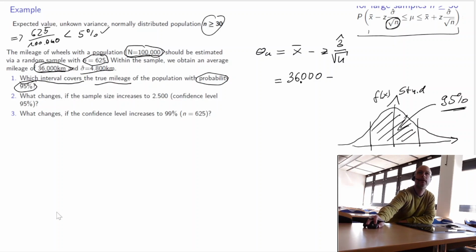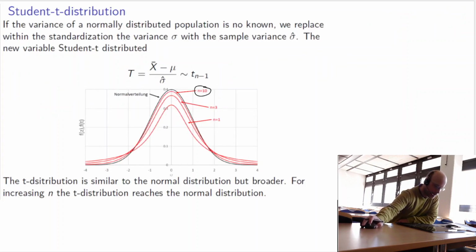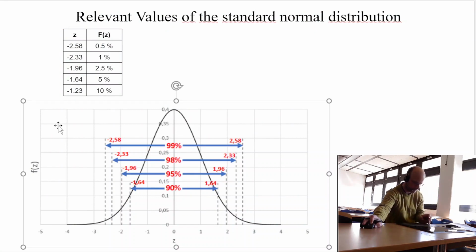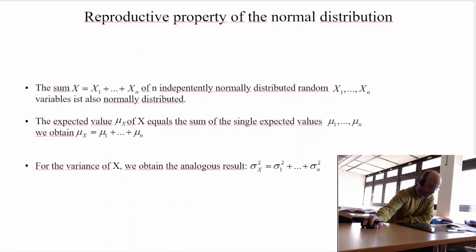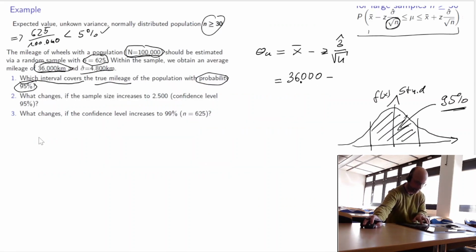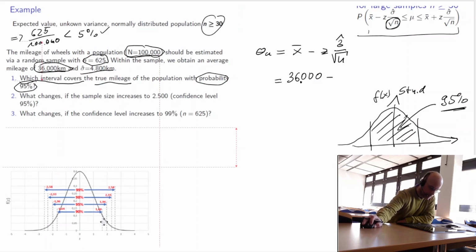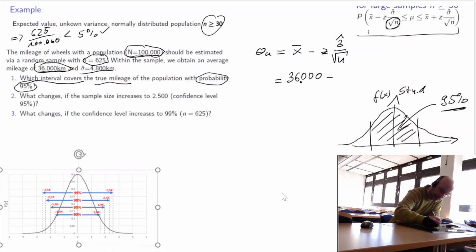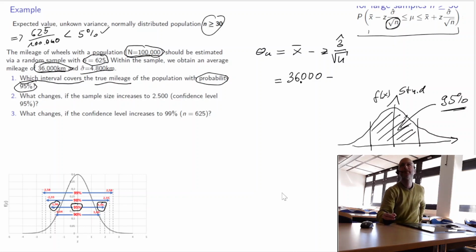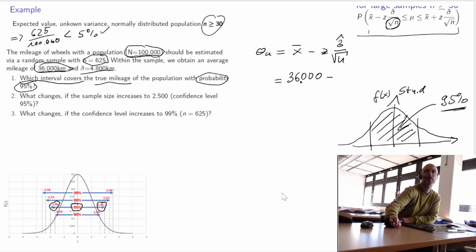And this we had some lectures before. So we have here 95, and the lower side is minus 1.96, and the upper side is plus 1.96.